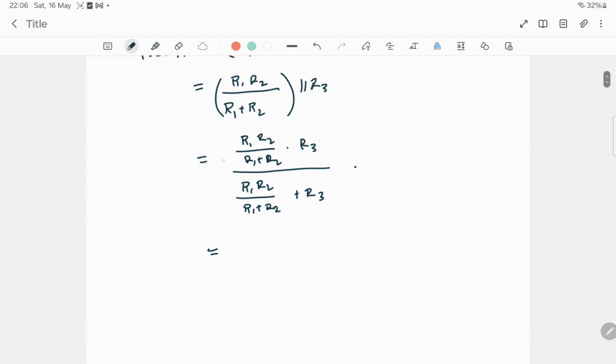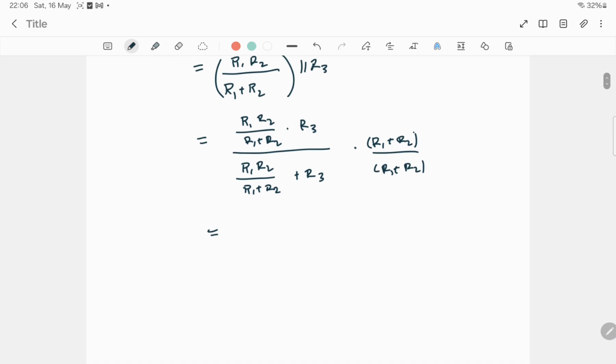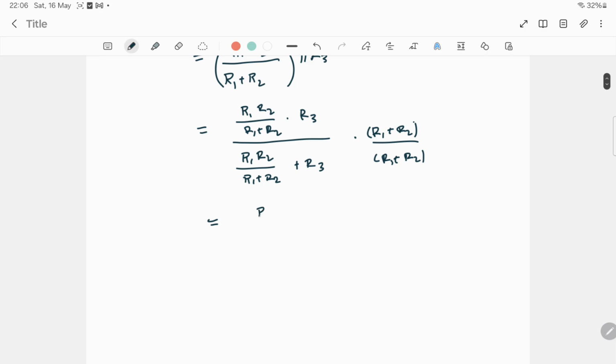And then we can multiply both quantities here by R1 plus R2 to get a more elegant expression. So in the numerator we will have R1 R2 R3, and in the denominator we will have R1 R2 plus R3 in brackets times R1 R2.